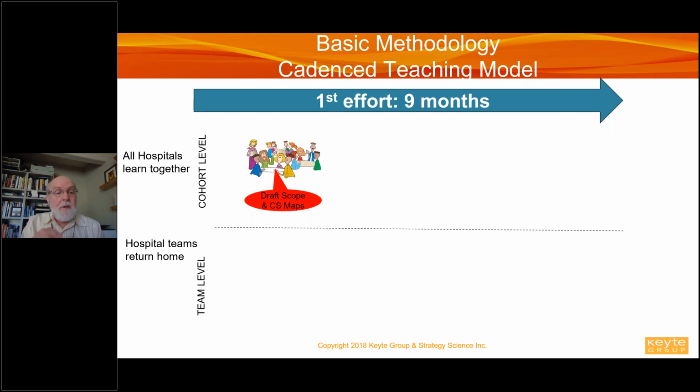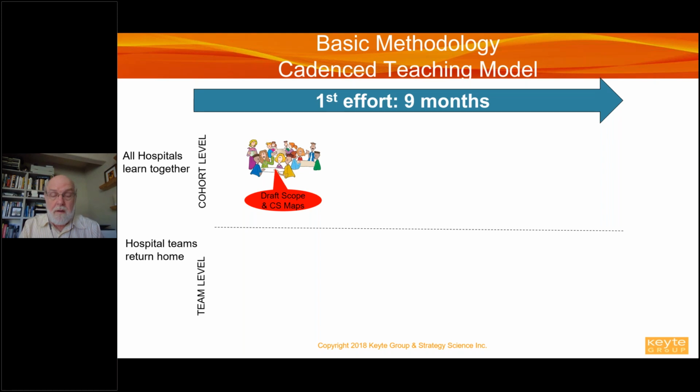But the key is the first word in that little red bubble: draft. Nothing they did in the room was a complete map, it was a draft map, because it was only the A team thinking about it, and there were 27 shifts who had to engage.